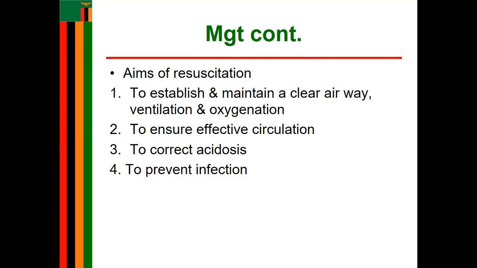Apart from that, you can also talk about headings such as nutrition, which is important and it can promote healing or recovery. So in terms of nutrition, as usual, you need to breastfeed the child as soon as possible. If the child is unable to be breastfed, you can give expressed breast milk using an NG tube or expressed in a cup.